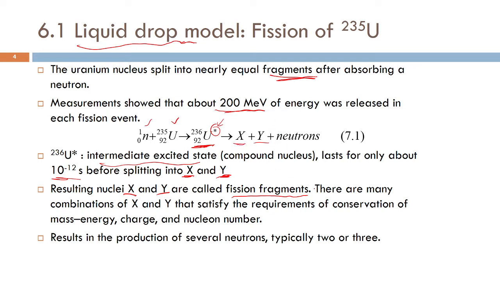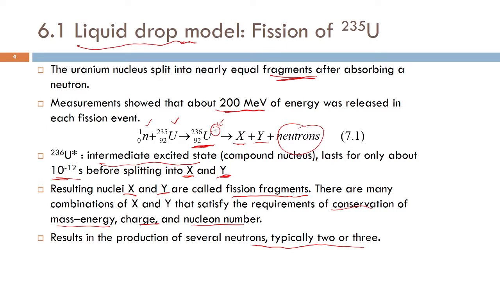X and Y must comply with the principle of conservation of mass, energy, charge, as well as the nucleon numbers. We have seen this in the previous chapter. Other than fission fragments, on average 2 to 3 neutrons are emitted.